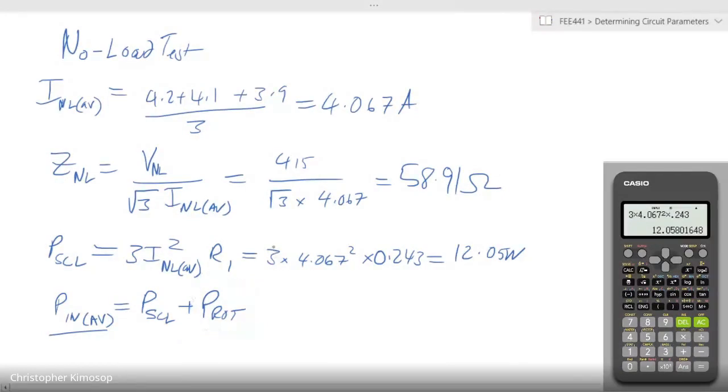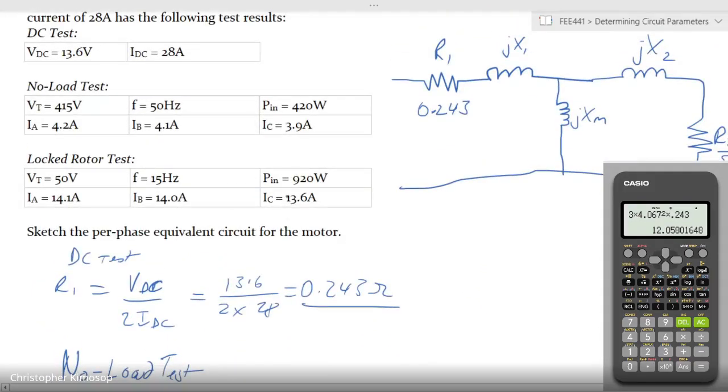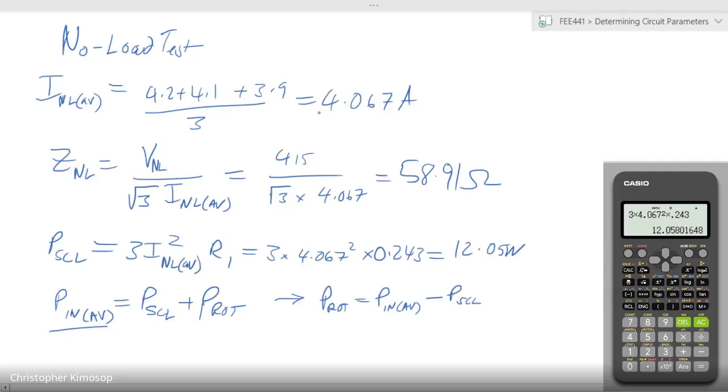So in this case, we will try to look at what our rotational losses are. So they are given by the input minus stator copper losses, which we've just calculated. So our input at this point is 420 minus our losses over here, which are 12.05.